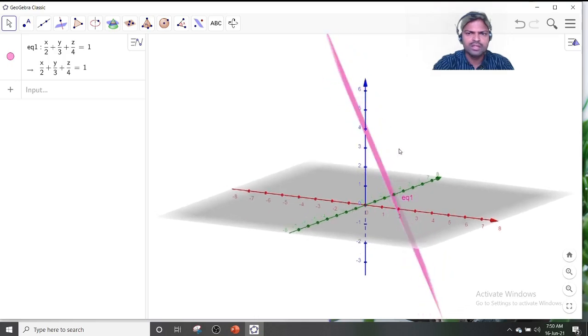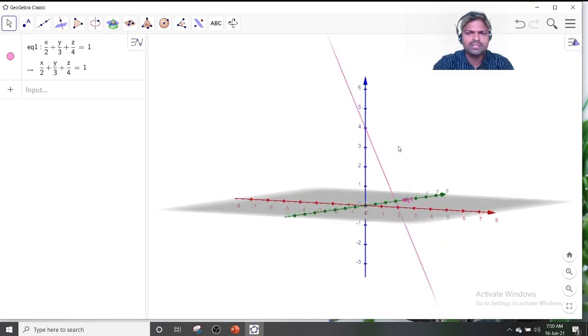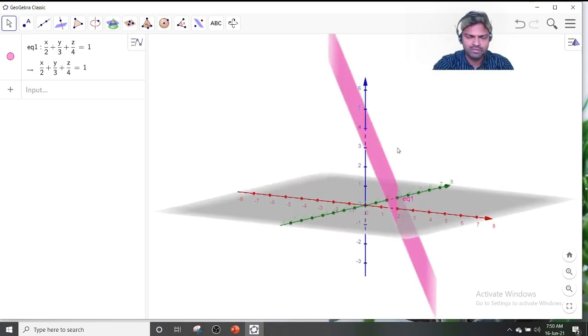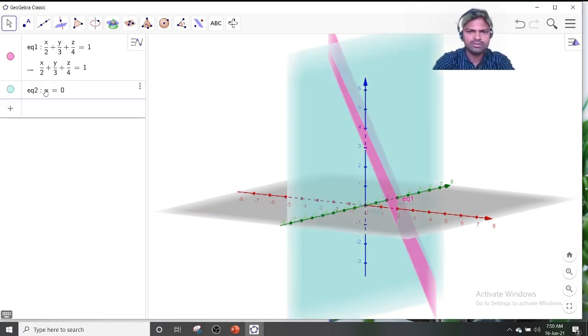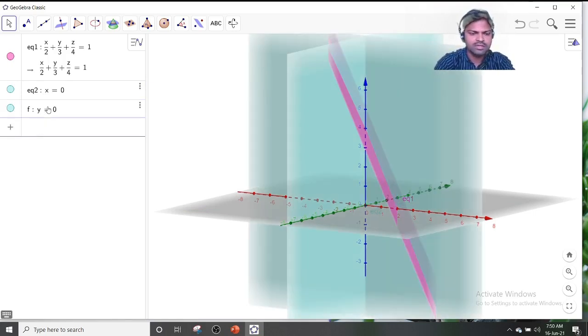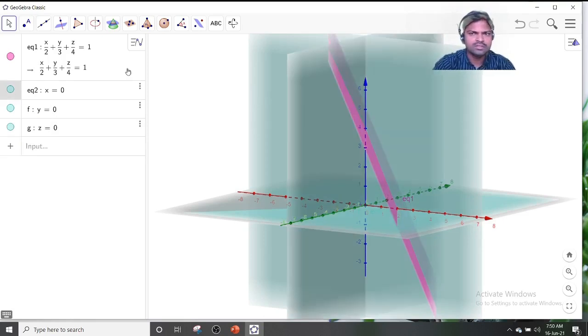Now if you take the bounded portion, this looks like a prism, so tetrahedron. Let us take all the coordinate planes: x is 0, y is 0 and z is 0. Now let us change the colors.